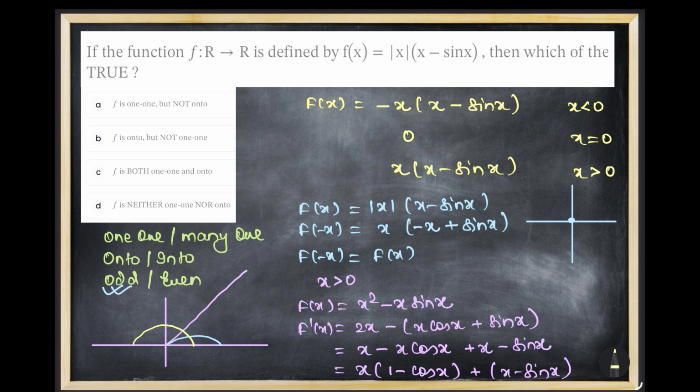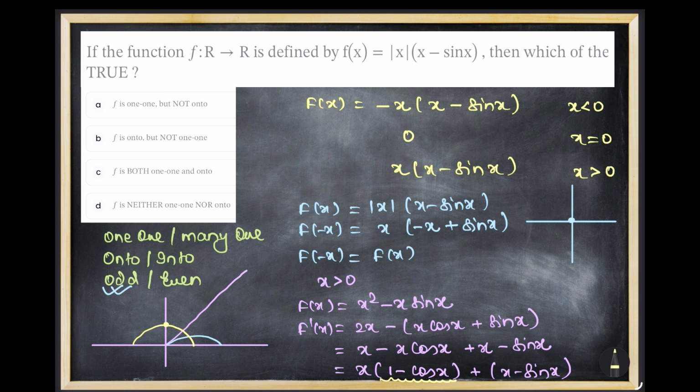So if we are talking about after x equals 0, this is 1, but you are talking about after 0. After 0, the cos value is getting reduced, yes or no? It is slightly smaller than 1. So this means what?